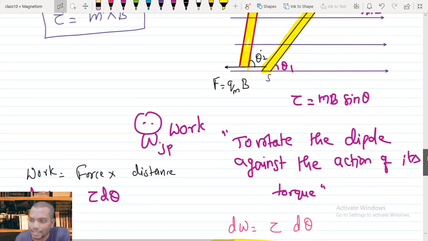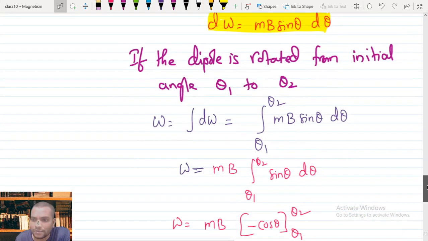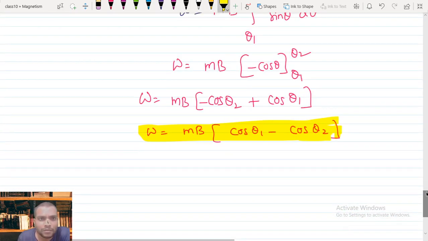The good thing is that whatever work we do here, that work will be stored as the potential energy U of the dipole.